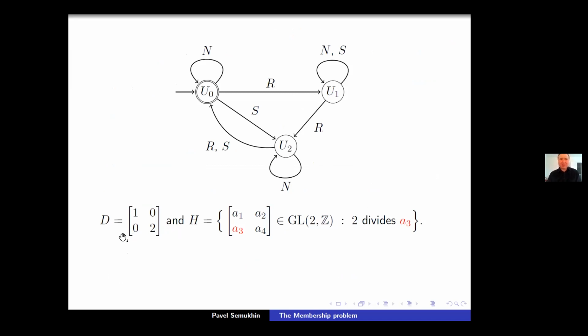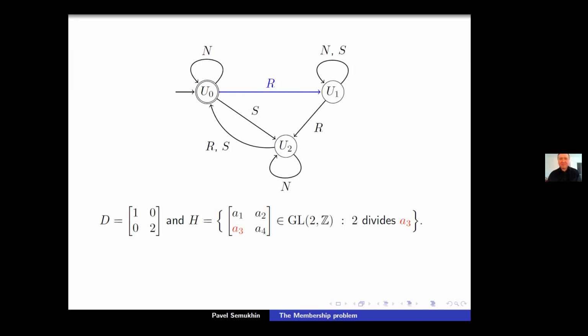Let's take D to be this matrix 1, 2, and H in this case will be a subgroup of GL2(Z) such that this entry here is even. Previously we constructed an automaton A which recognizes this semigroup, and this automaton looked like this. So how will these new replacement rules look on this automaton?